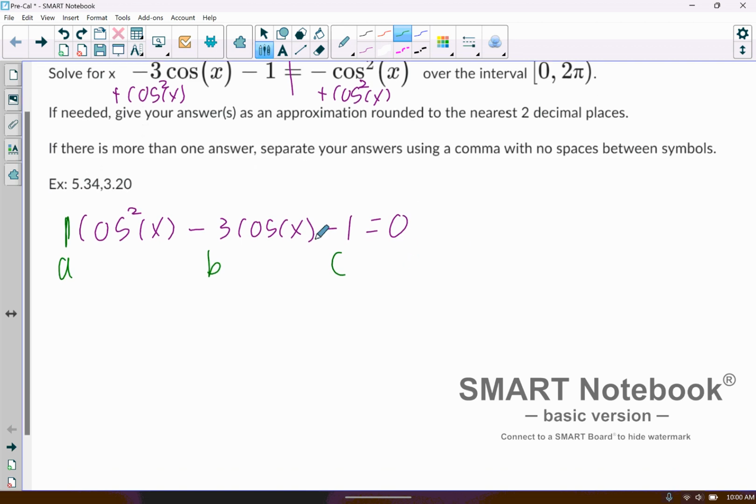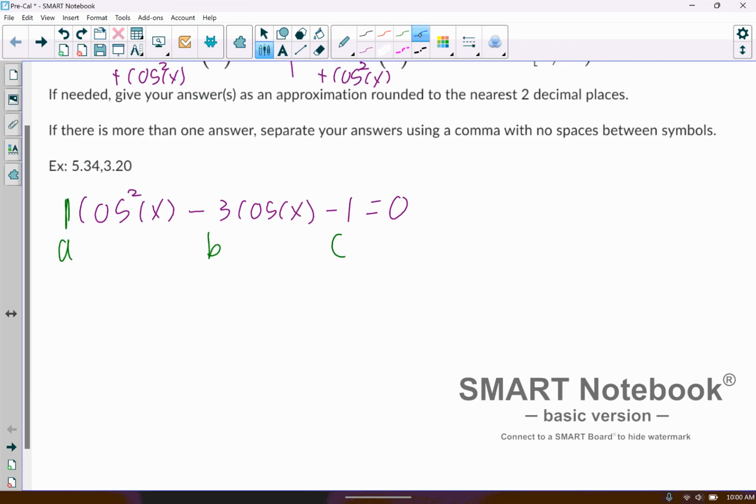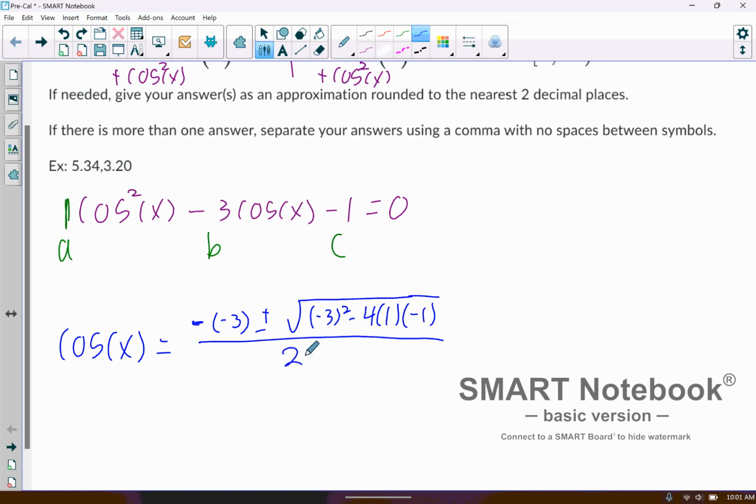Basically, it's going to be the cosine of x equals, and then we put our quadratic formula here. Negative 3 plus or minus the square root of negative 3 squared minus 4 times a times my c value, all divided by 2 times my a value.